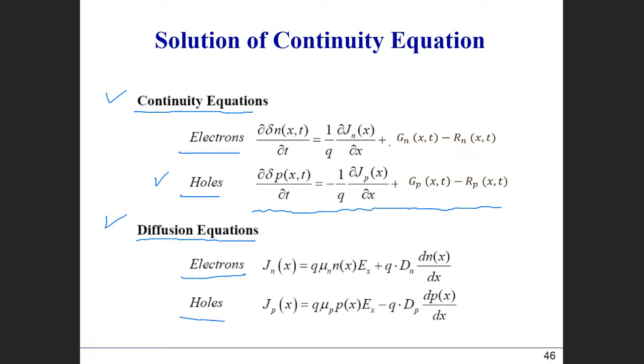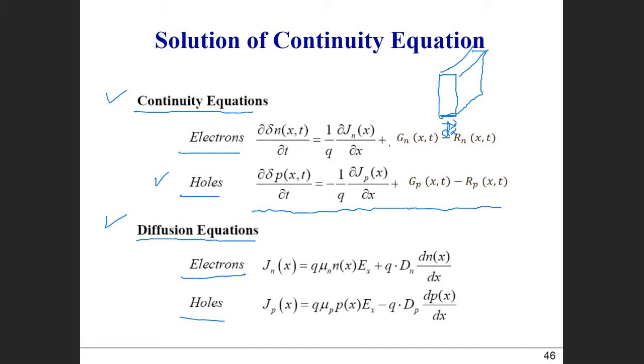So let's say you have a small piece of semiconductor, and this is the dx amount of separation here.